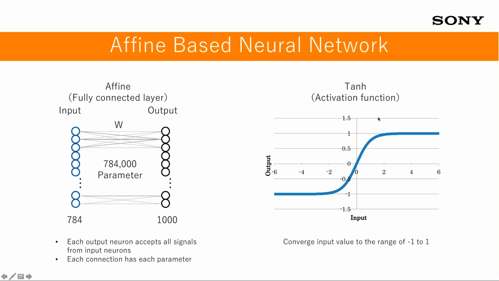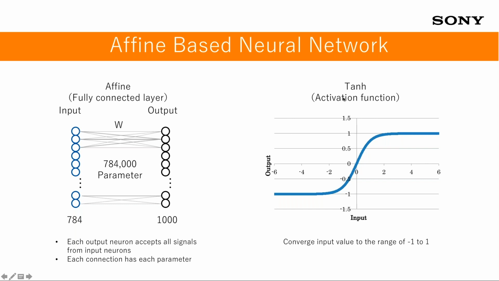And then what was tanh? I told you, this is the activation function. The activation function is basically converting the input value to the range of -1 to 1. So you have this layer, and then you need to convert it to a certain range to be able to process it.